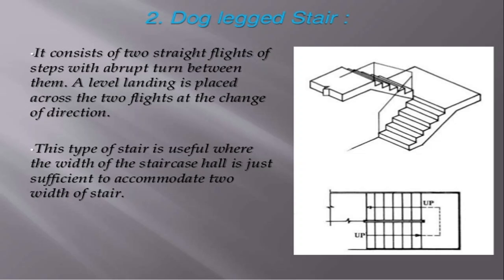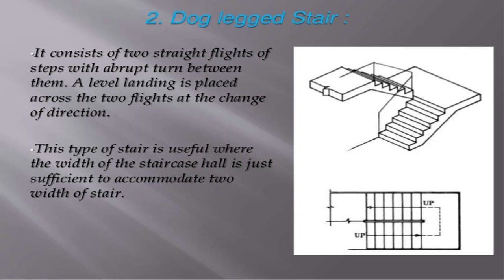But here, if we are having a staircase hall which is having a width to sufficiently accommodate a width of a stair, only a hall which is having a size which can sufficiently accommodate the width of a stair. For example, a width of stair if we are providing 3 feet means thus just it can able to accommodate the width of the stair.